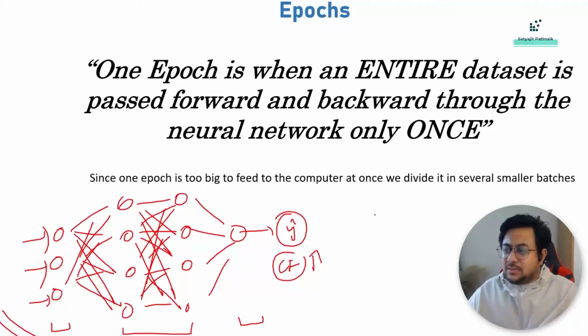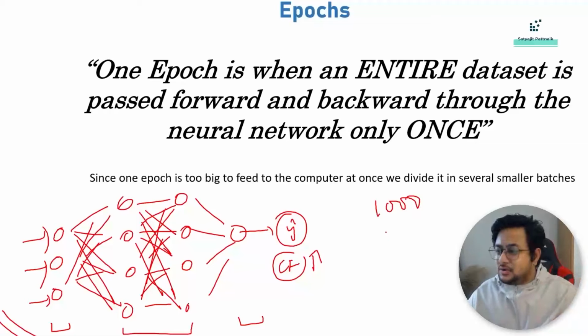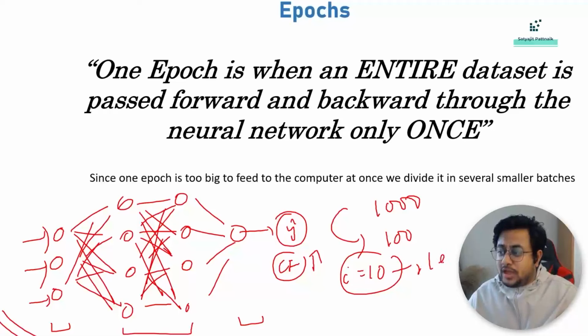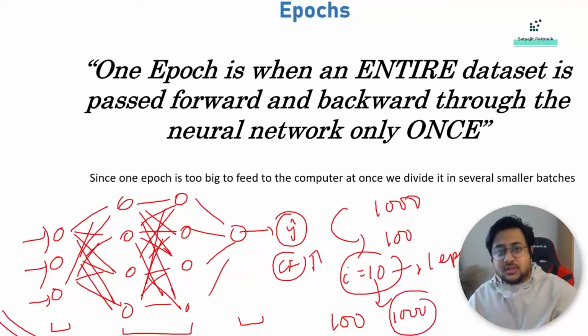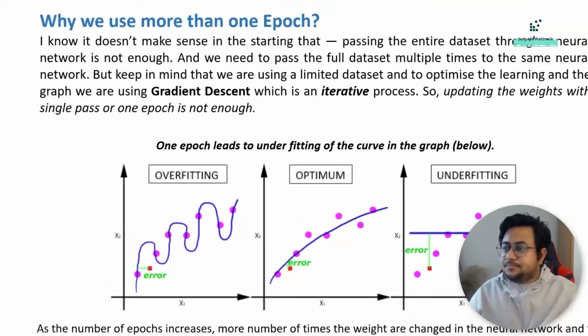So giving an example, if my training data is 1000, batch size is 100, how many iterations are required? 10 iterations to complete one epoch. So if you define 100 epochs, that means you are running your neural network for 1000 iterations. So 1000 times your weights are updated. Weights are updated in backpropagation, right?